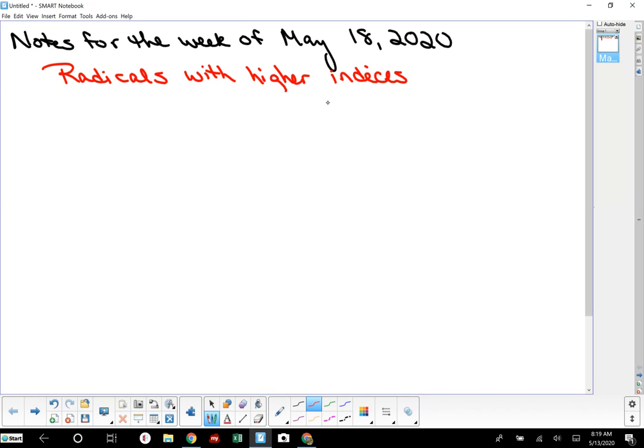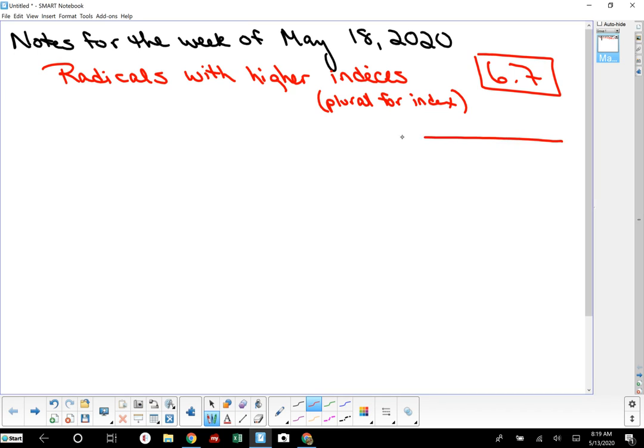That's the plural for index, by the way. And this is 6.7 in Varsity. Let's see. Anything else you need to know? I think that's it for the time being.